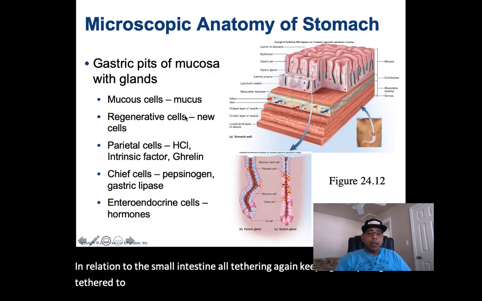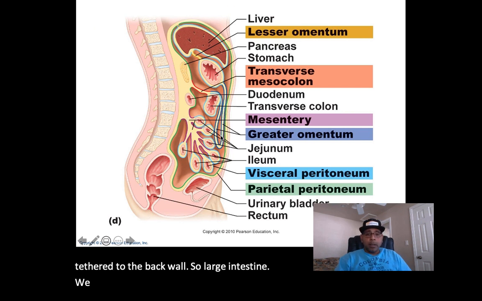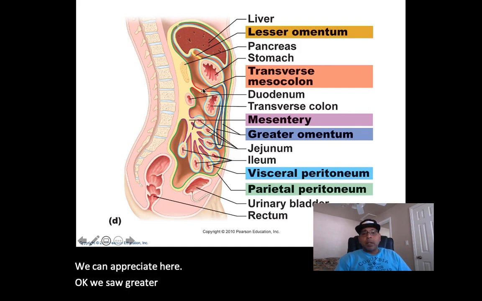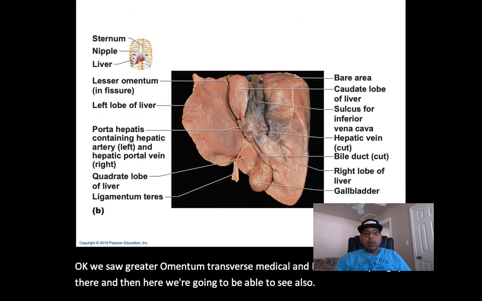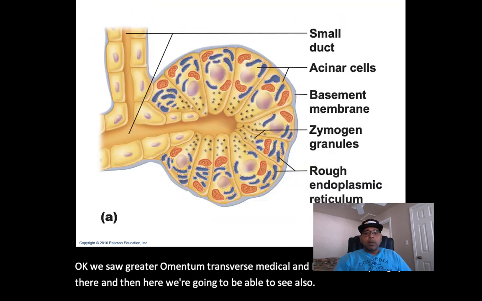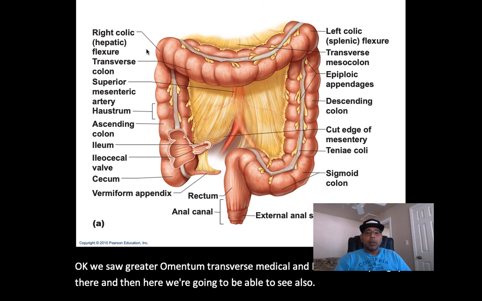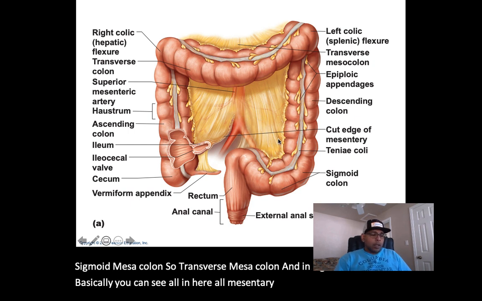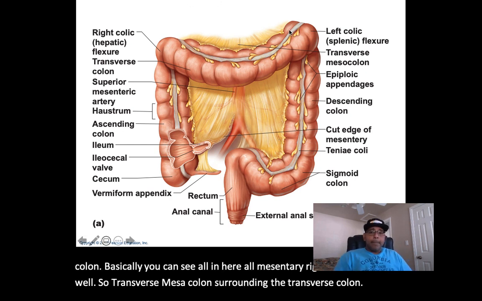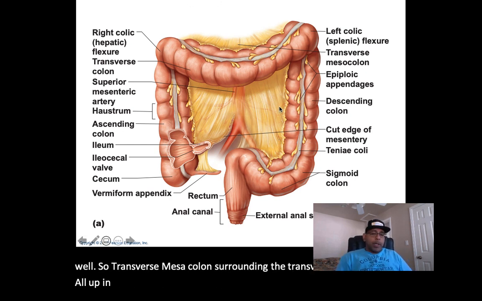So large intestine, we saw greater omentum, transverse mesocolon I mentioned to you there. And then here we're also going to see sigmoid mesocolon. So transverse mesocolon surrounds the transverse colon, and sigmoid mesocolon all around the sigmoid colon.